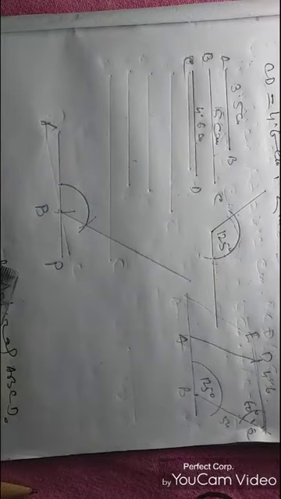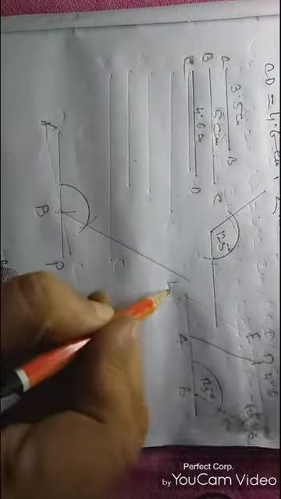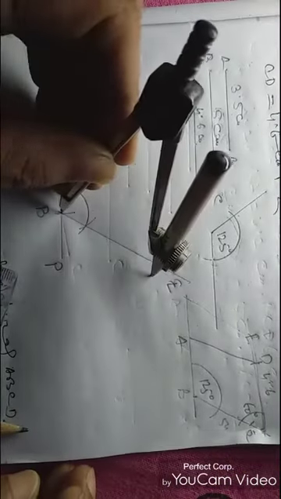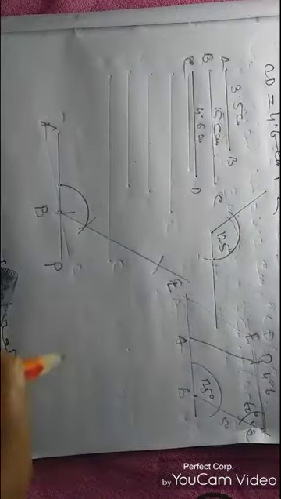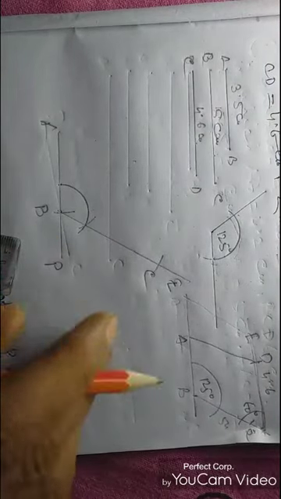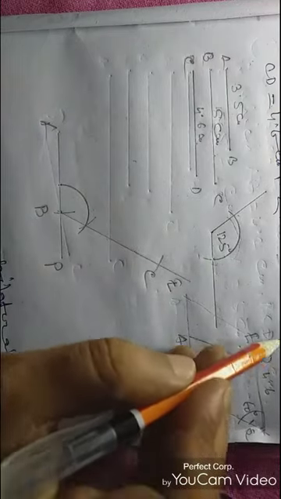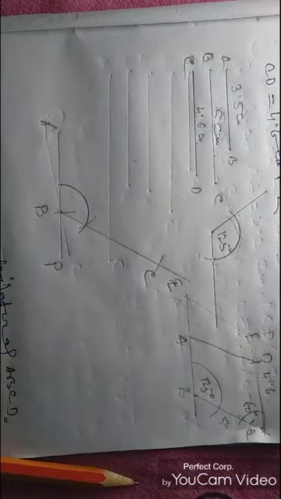Now from this BE you cut BC, that is 5 semi. This is the point C. At the point C draw 60 degree.